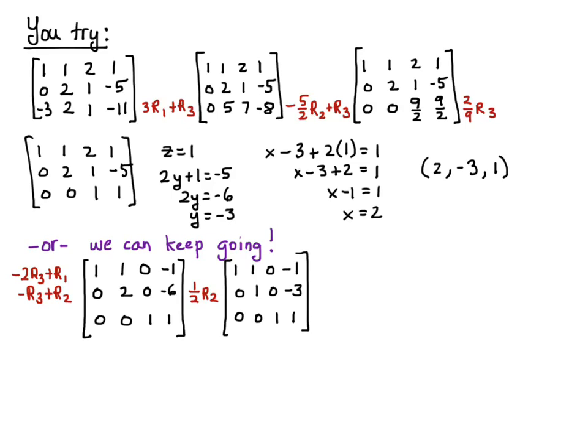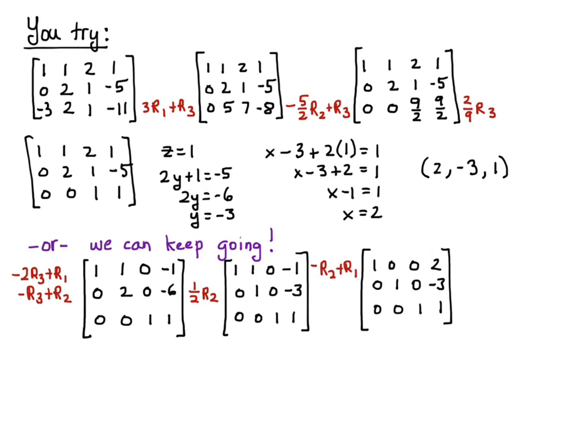My last thing is to eliminate in row 1 the 1 that corresponds to the y. So I'll take negative row 2 and add this, and I get negative 1 plus 1 is 0, negative 3 is 3 minus 1, and I get my 2 here.